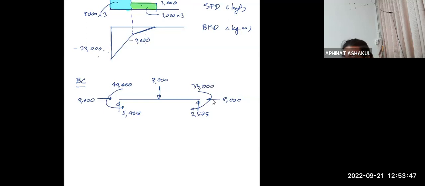So you no longer have a member where the moments on both ends are zero. So when this becomes your free body diagram, you write the shear force and bending moment diagram according to your free body diagram.